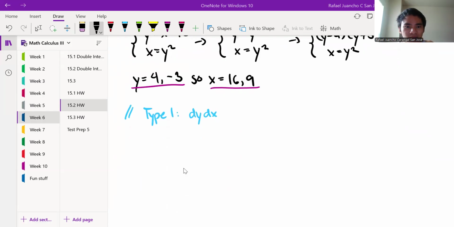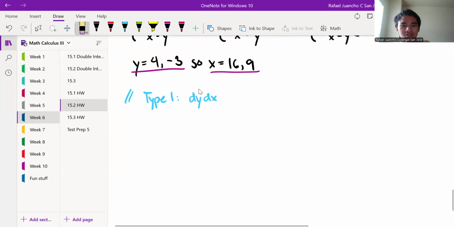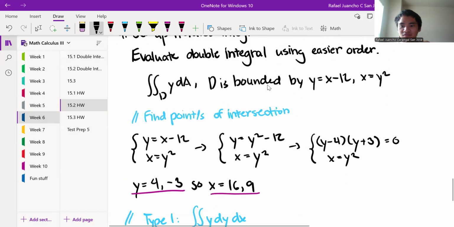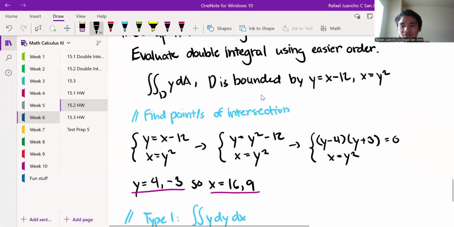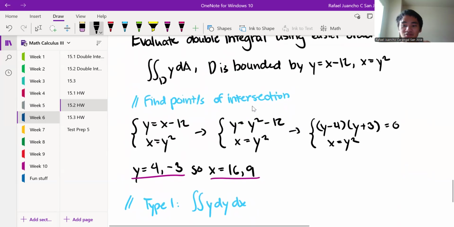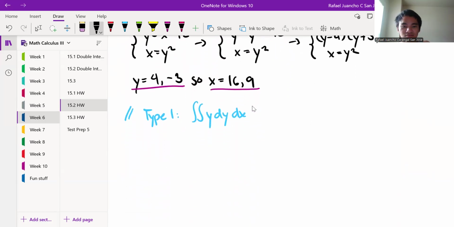So here, type 1 is some double integral of y dy dx, right? And so what's that gonna be? If our y here is equal to x minus 12 and square root of x, right?